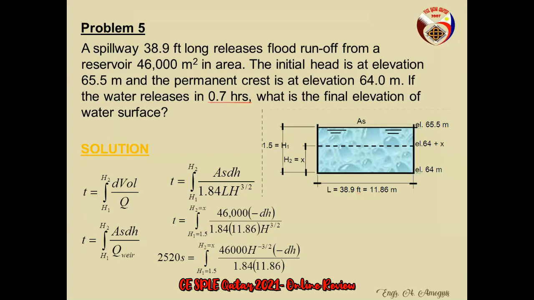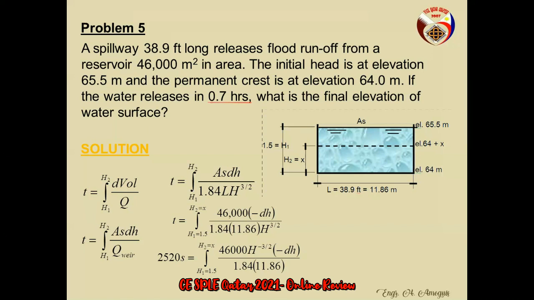So, you can simplify this. No? So, this is whatever it is, minus times 2 ito, tapos may negative dito. Kasi may negative 1, so mag-cancel yung negative. So, bali, ang mangyari nito is 2.5 over 20 times 1.84 times 11.86 divided by 46,000.